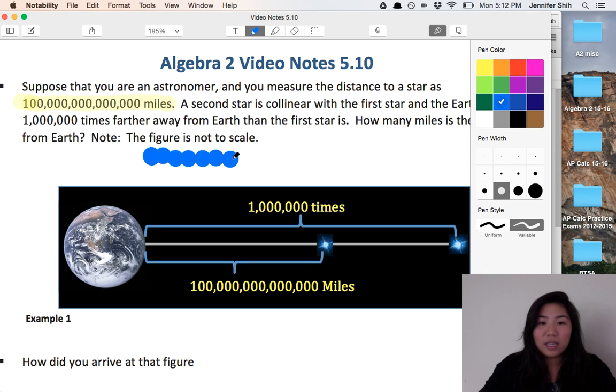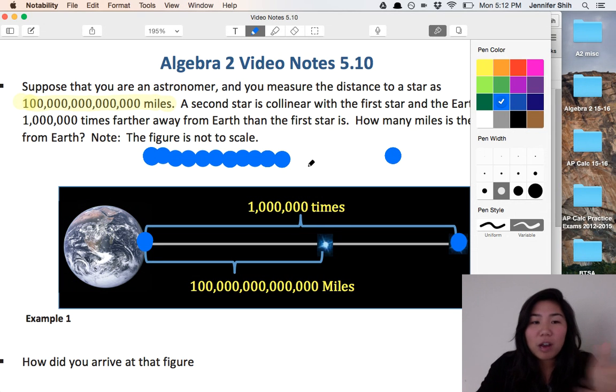Now I just need 1 million of those dots away. That's how far. So this picture is definitely not to scale because, as you can see, this is not 1 million times away. But just imagine, if the star was the width of this dot away 1 million times, that's really far, even for just that little dot.